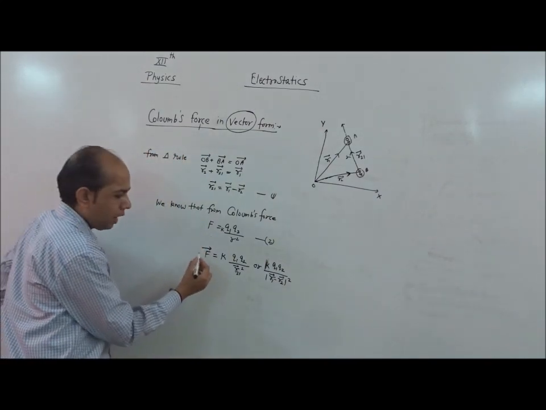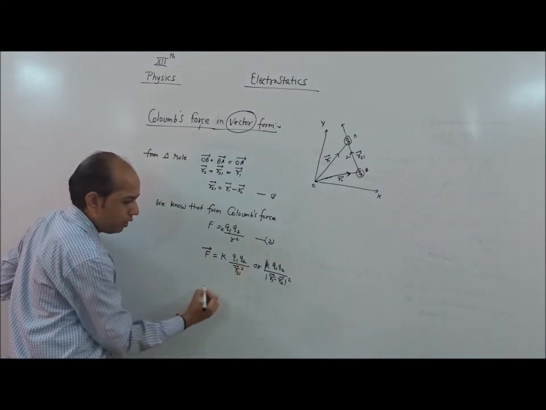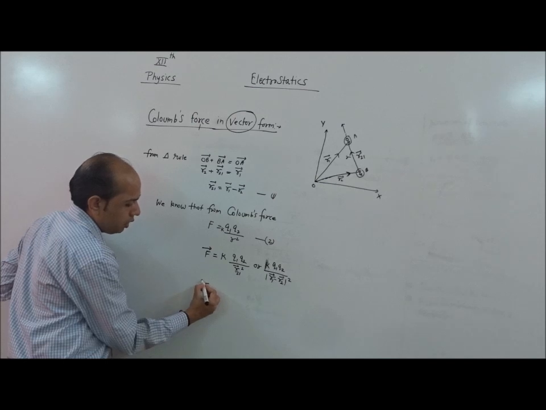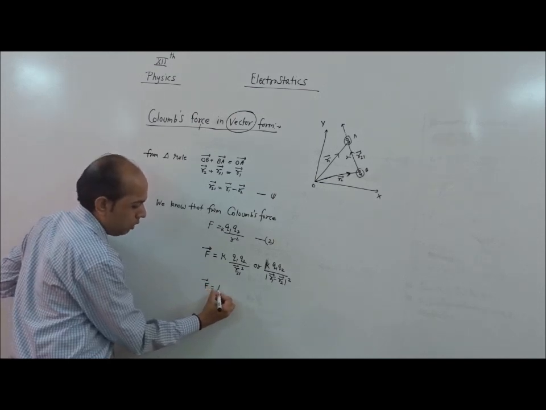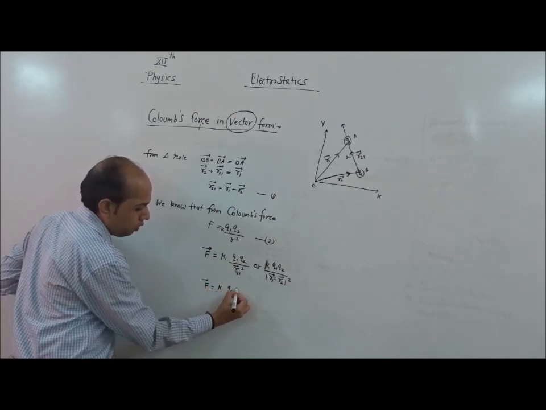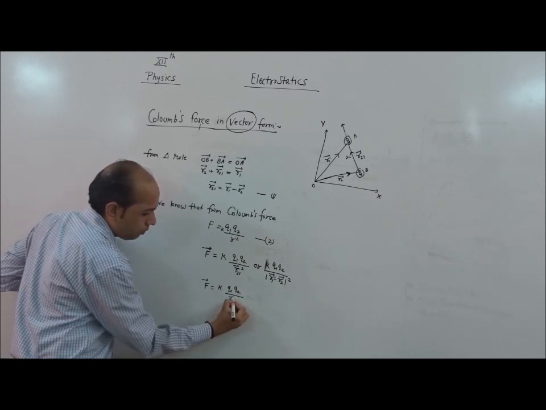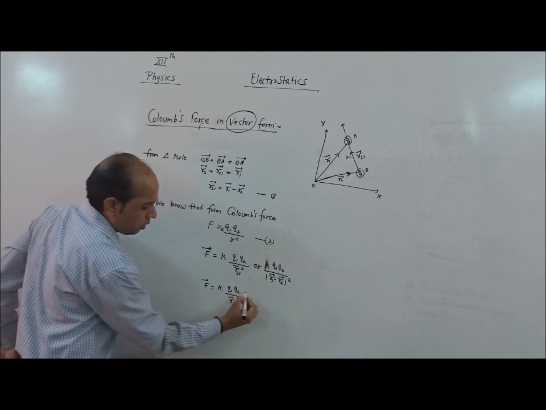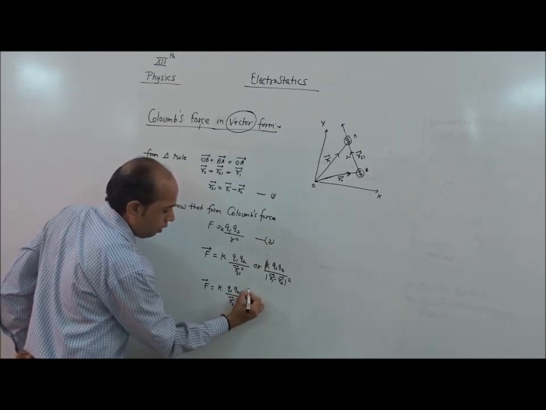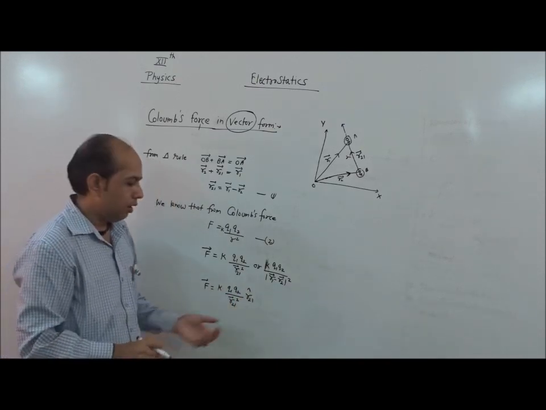So in order to write the direction also, this quantity is written as F equals K Q1 Q2 upon R21 square with R21 cap.